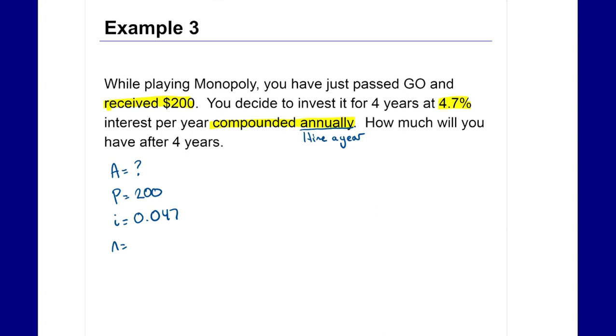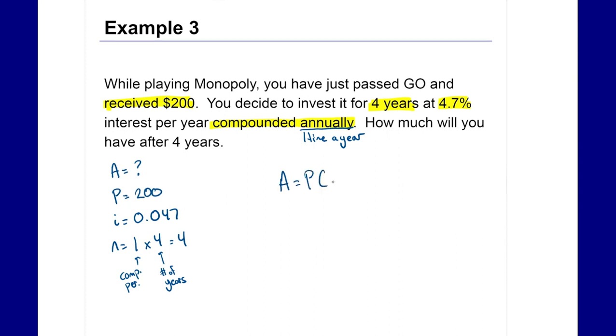So because it's compounded annually, or once a year, for 4 years, that means we have 1 times 4, which is just 4.